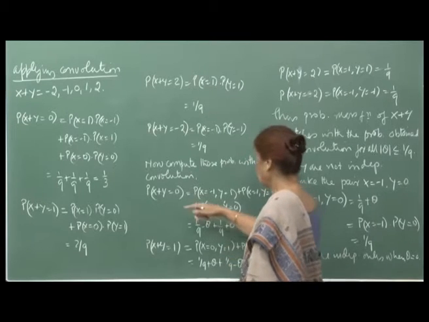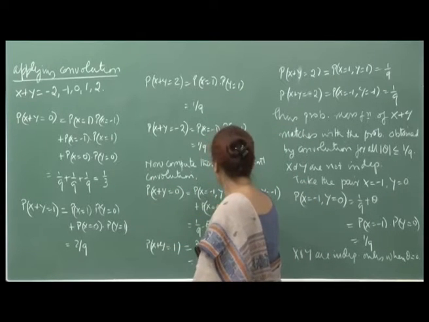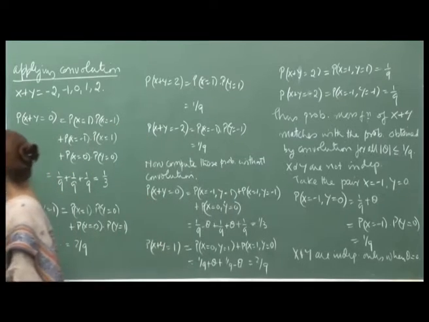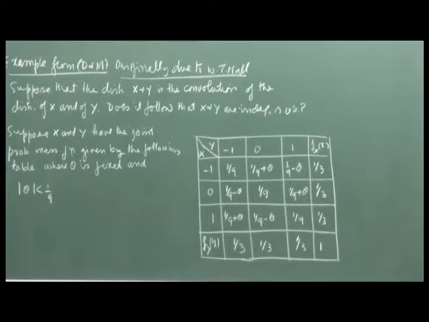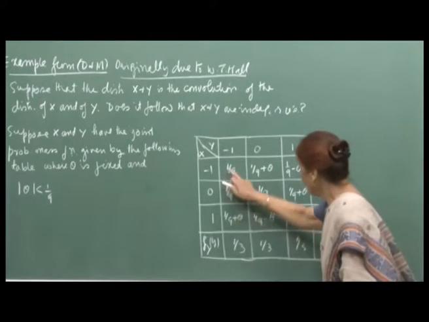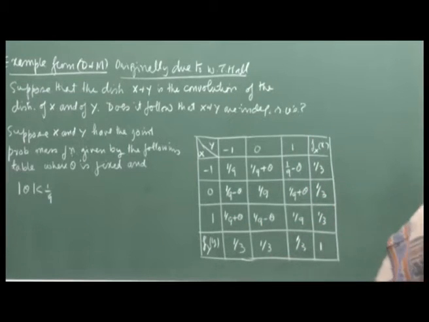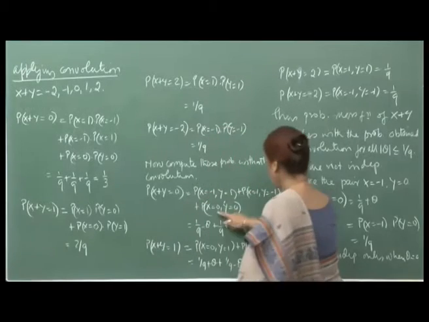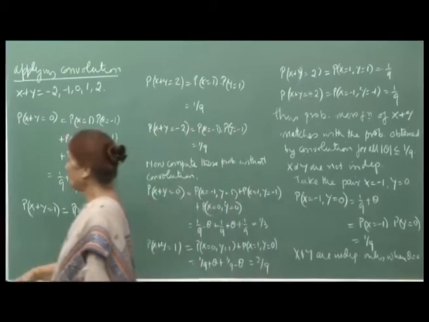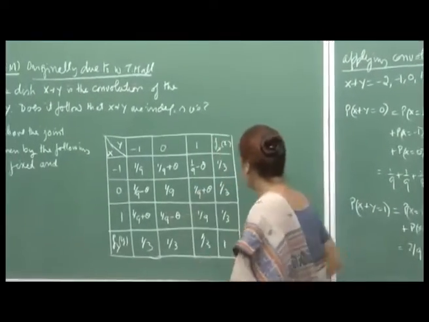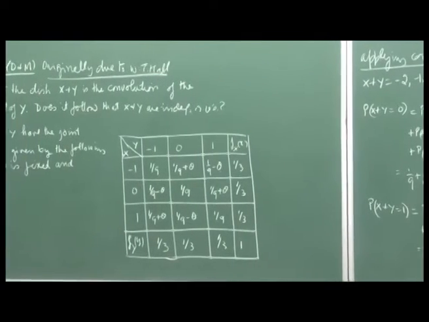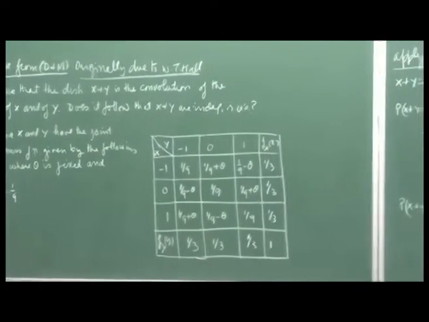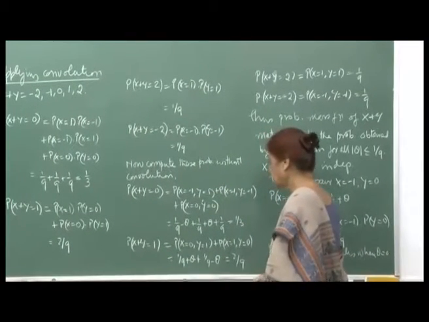From the table we can see that -1, 1 is 1 by 9 minus theta, and 1, -1 is 1 by 9 plus theta, and 0, 0 is 1 by 9. Therefore this adds up to 1 by 3, since minus theta and theta cancel out. So this is 3 upon 9, which is 1 by 3.